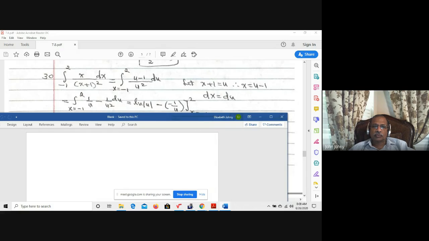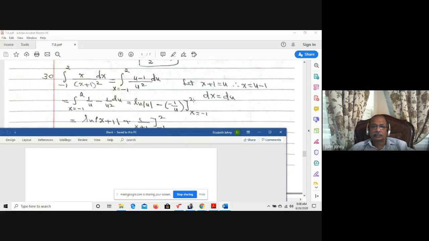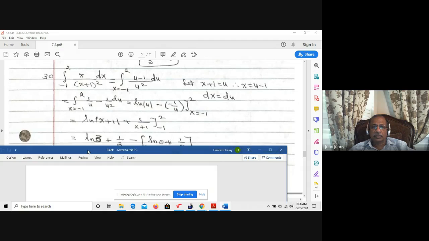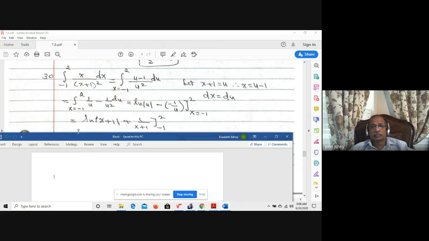The antiderivative of 1 over u is natural log u, and that of 1 over u squared is negative 1 over u. You have seen that integral several times. X varies from negative 1 to 2. So that is natural log of the absolute value of x plus 1, plus 1 over x plus 1.